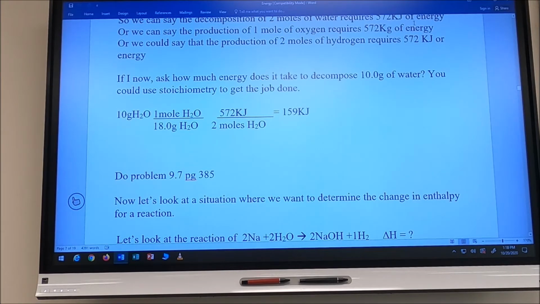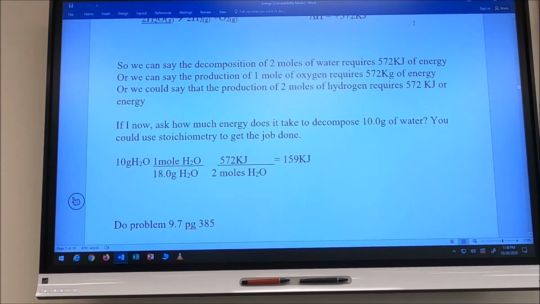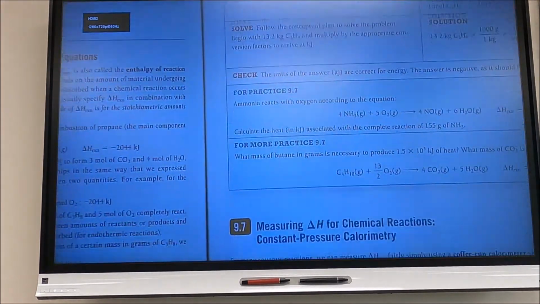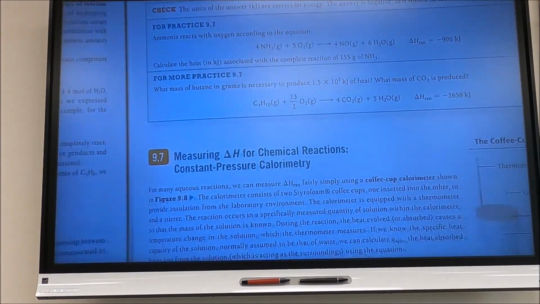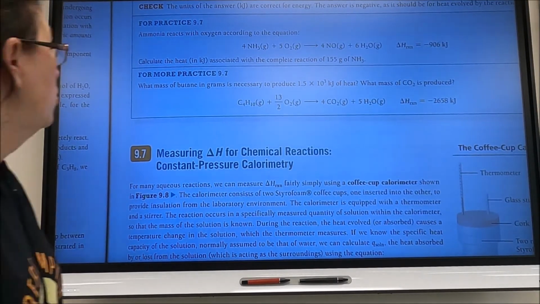So let's look at problem 9.7. It's on page 385 in your textbook. So if we look at the problem, it says, What mass of butane in grams is necessary to produce 1.5 times 10 to the 3 kilojoules of heat? What mass of CO2 is produced?